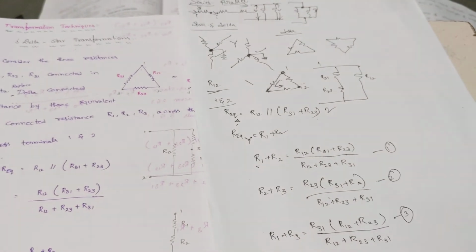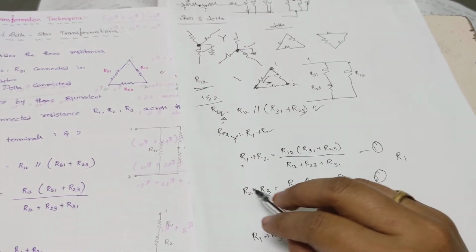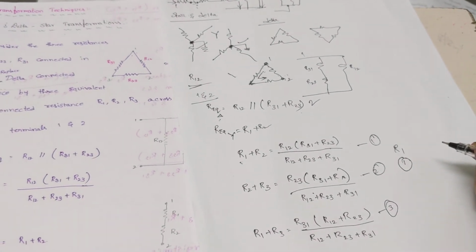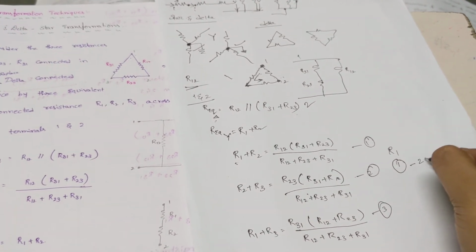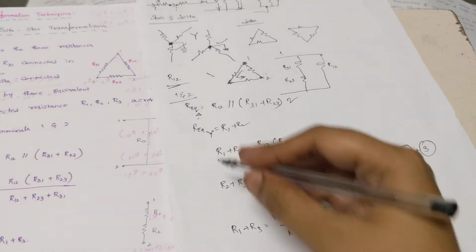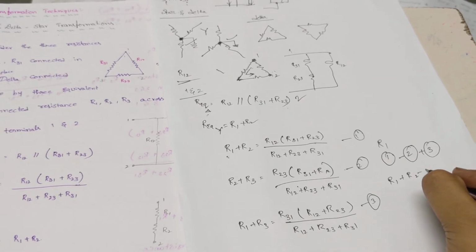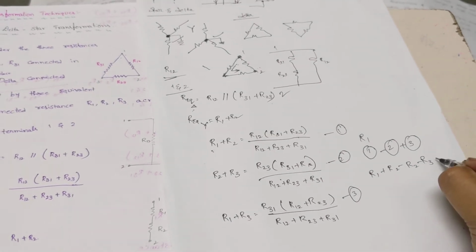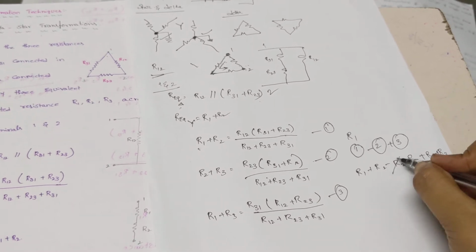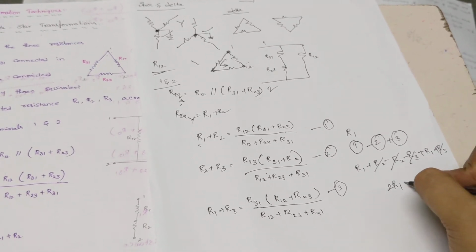I am only interested in R1. Considering equation 1, subtracting equation 2, and adding equation 3, check the LHS first: R1 plus R2 minus R2 minus R3 plus R1 plus R3. R2 cancels, R3 cancels, and the leftover LHS term is 2R1.